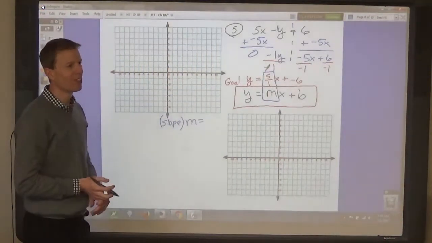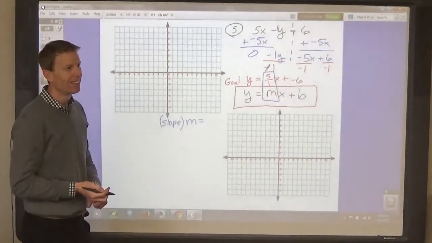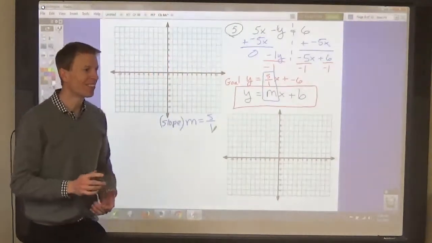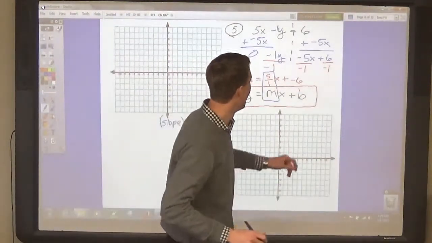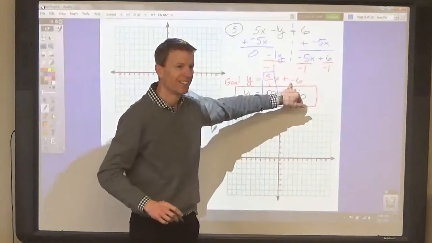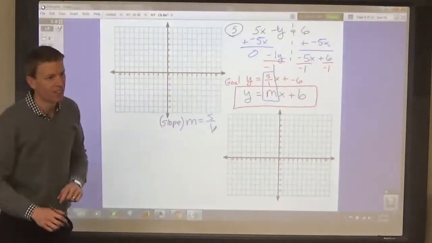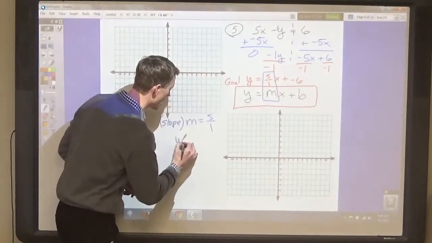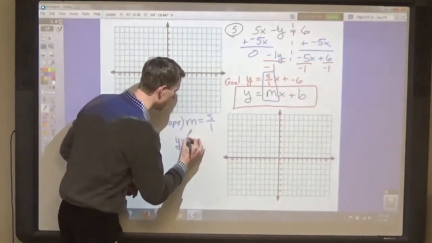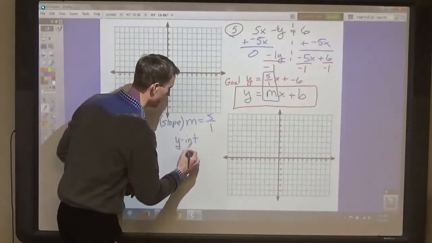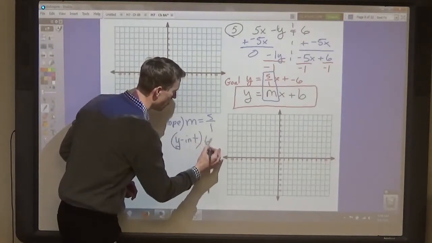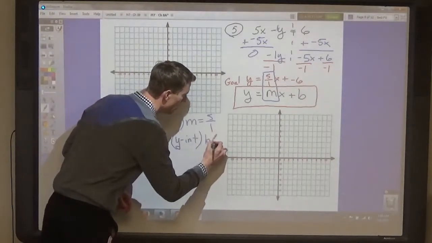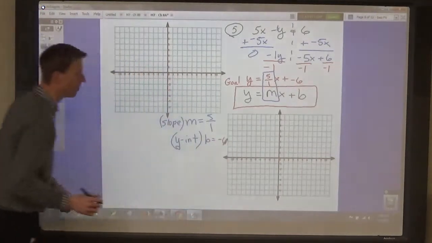So what is the slope? 5 over 1. Good. So you do have a clue. What is b, Tyler? Negative 6. Yep. And that's called the y-intercept. B equals negative 6. Okay?